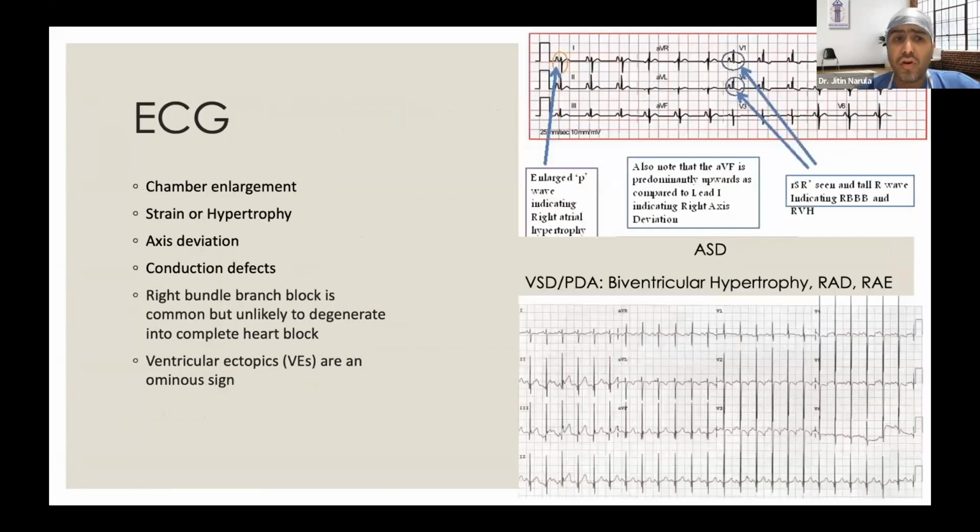ECG is suggestive in these patients of chamber enlargement. As I said, RA and RV enlargement would be seen in patients with ASD, whereas left ventricular enlargement would be seen in patients with VSD. Right bundle branch block is usually common, and ventricular ectopics can be seen in patients who are in a decompensated state, and it's an ominous sign.